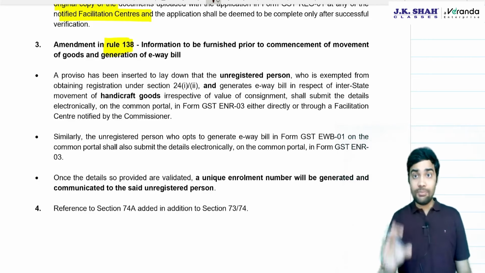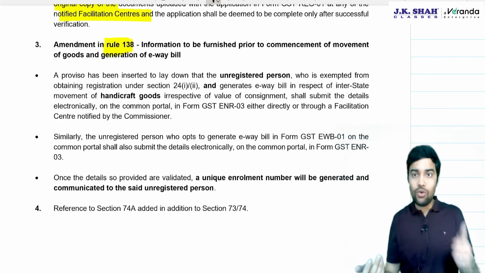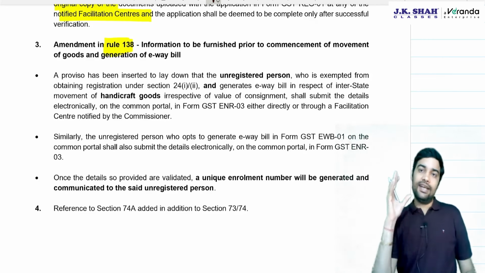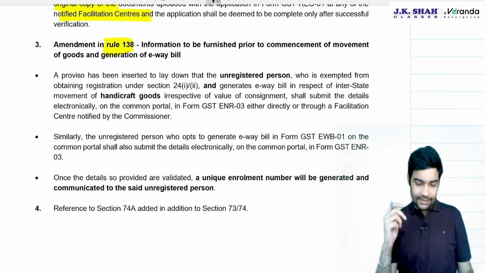So, can an unregistered person also generate e-way bill now? The answer is yes. An unregistered person will also be able to generate e-way bill now.